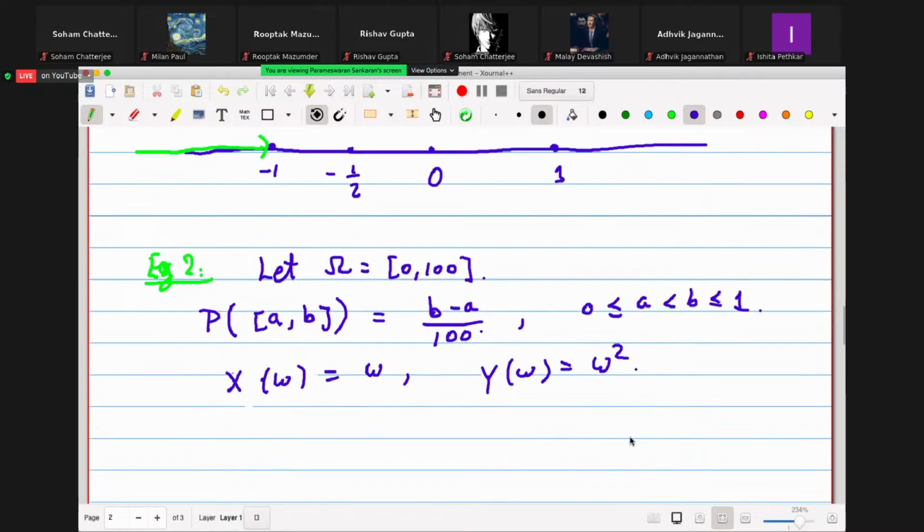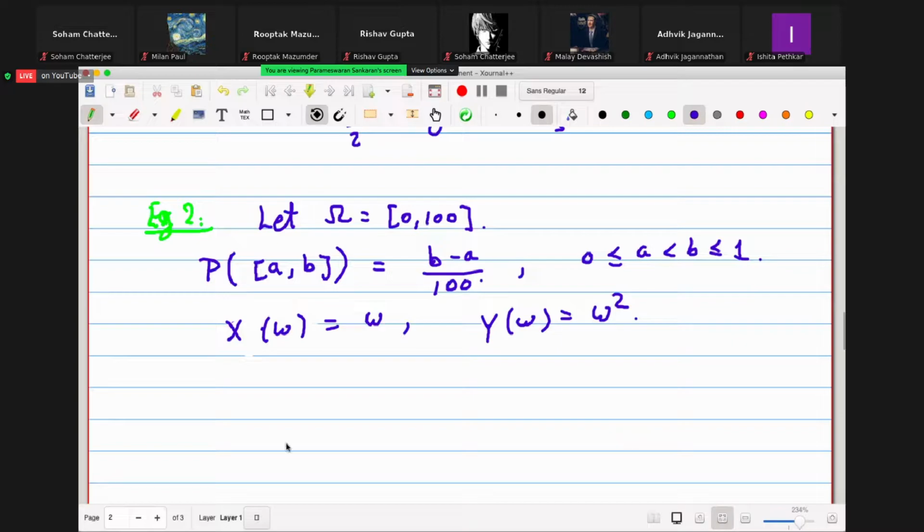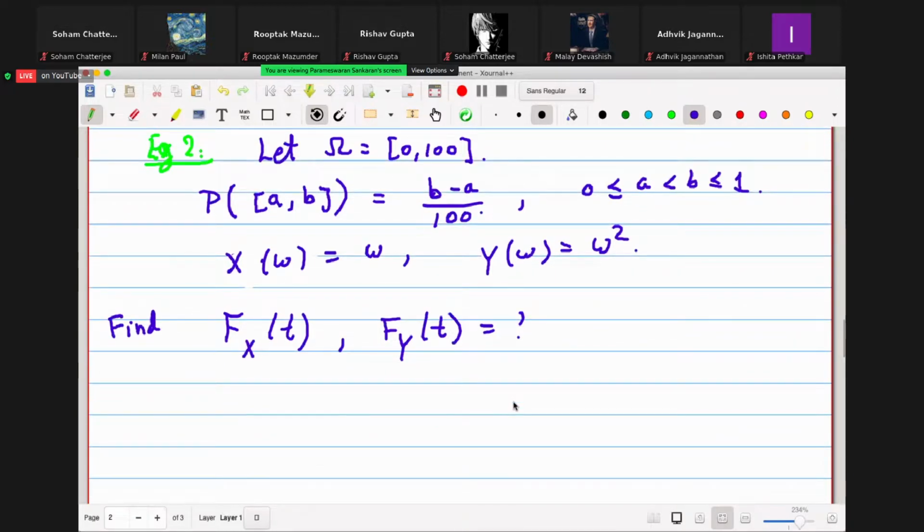And find what is this F_X of t, I prefer to use t, and F_Y of t. It's a simple enough problem, but let us do this.